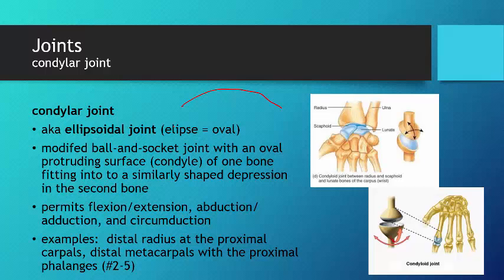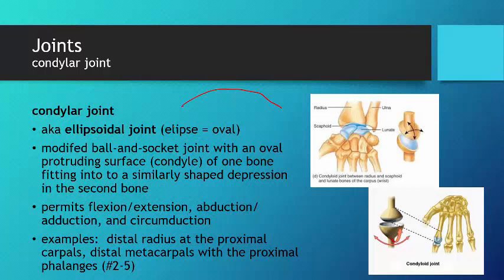And so the places that we see condylar joints is with the distal metacarpal making a joint with the proximal phalanx, so numbers 2 through 5, so the index finger, middle finger, ring finger, and the pinky.